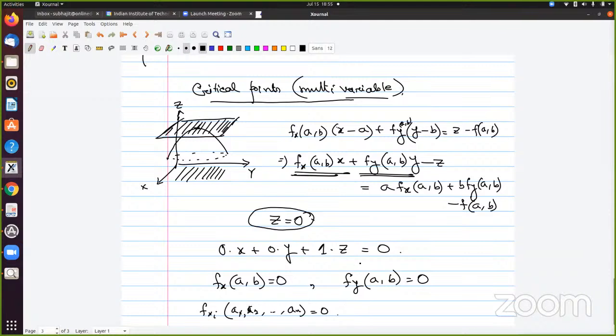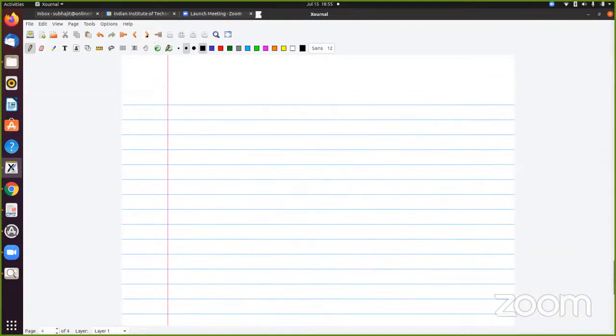So let's see an example quickly. Suppose we have today started with this one, so let's stick to that for some time. Can we find the critical point of this? Any critical point this function have?